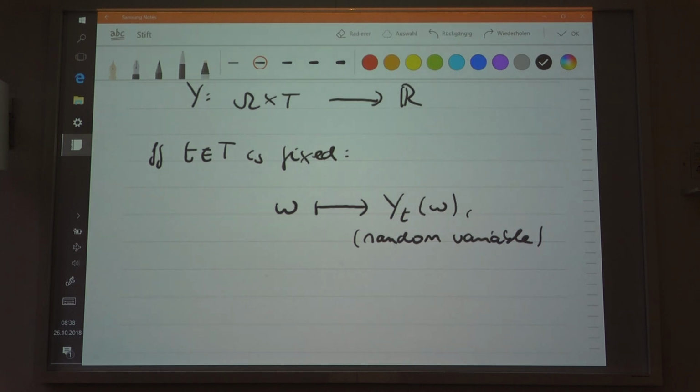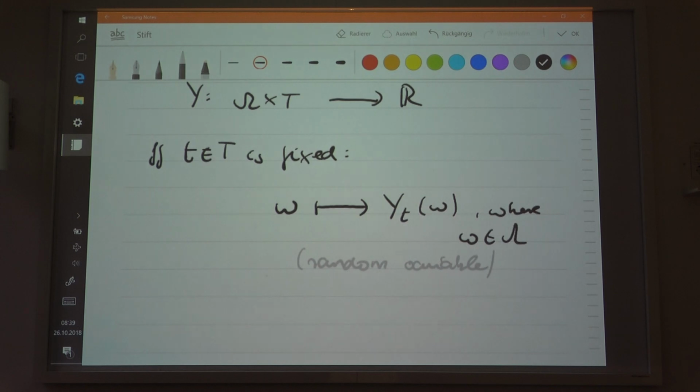I'm going to write this a little bit differently so you see it better. So this is a random variable, if the sample space is fixed, and of course omega here is from the sample space.